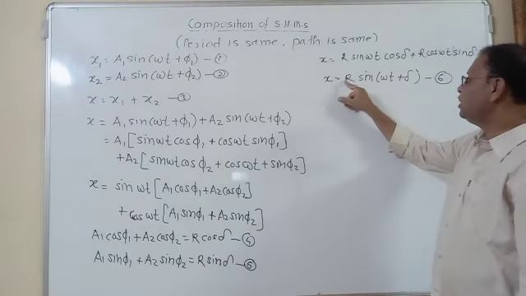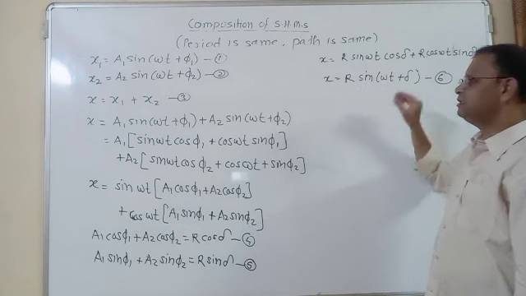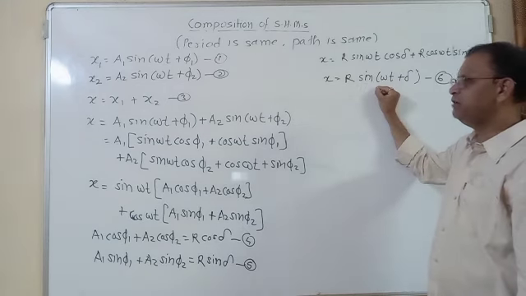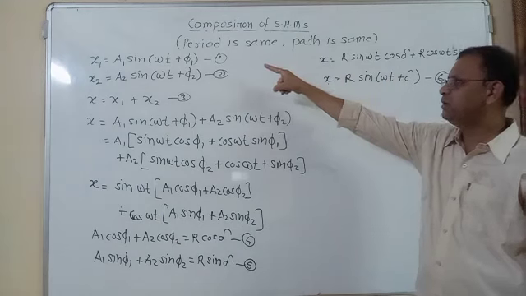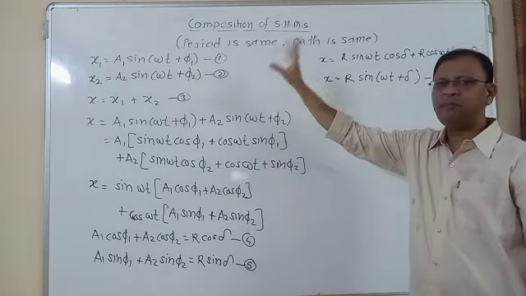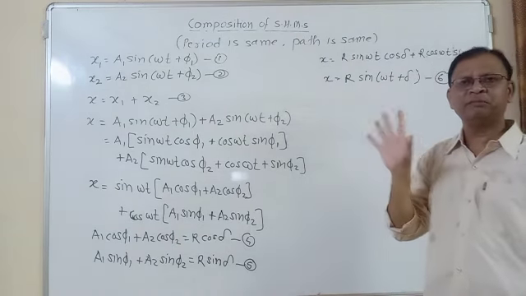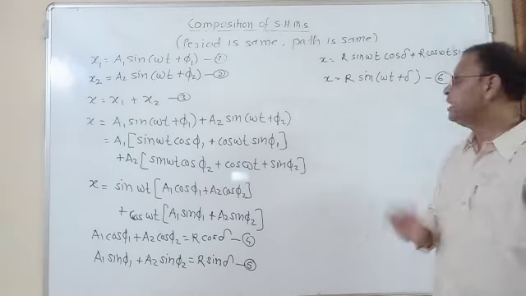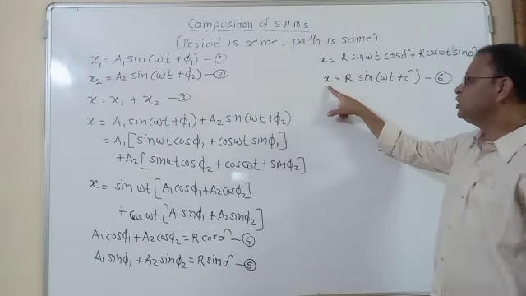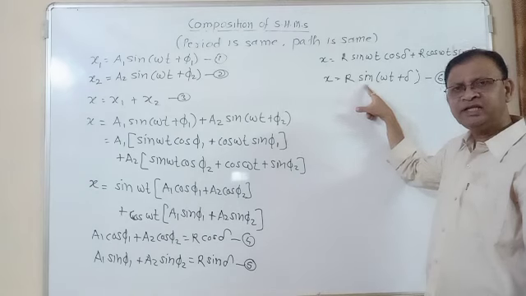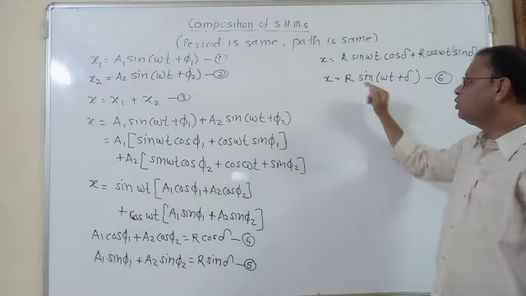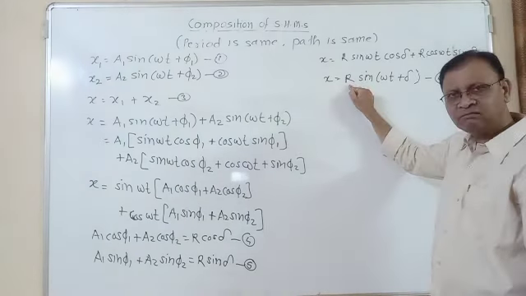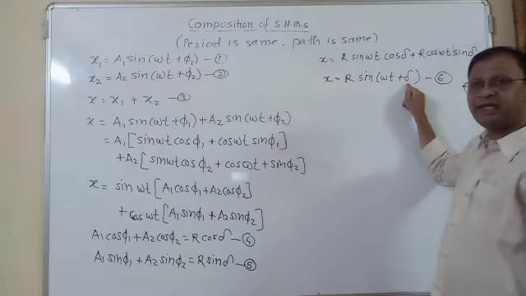So x is equal to R sin omega t plus delta is a similar equation to that of relation number 1 and 2. As relation number 1 and 2 represent the linear simple harmonic motion, we can say that the relation number 6 also represents the linear simple harmonic motion whose amplitude is R and initial phase is delta.